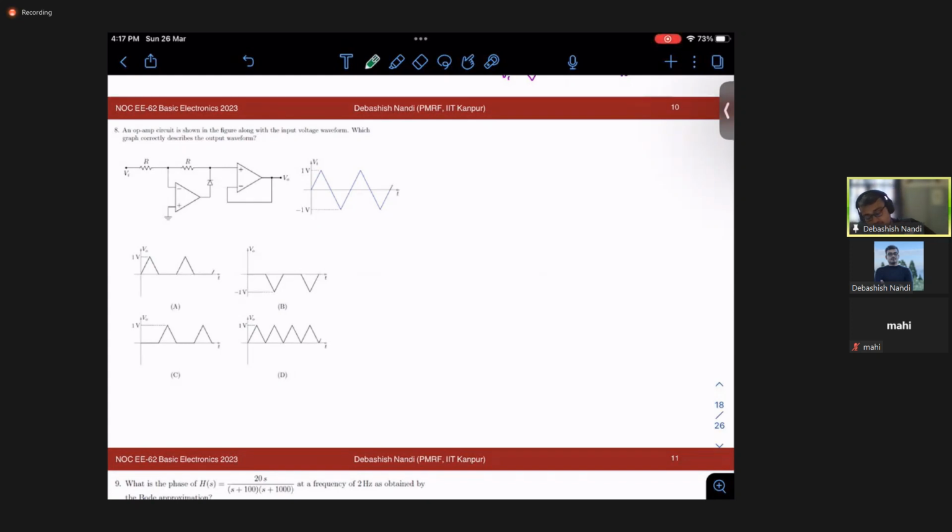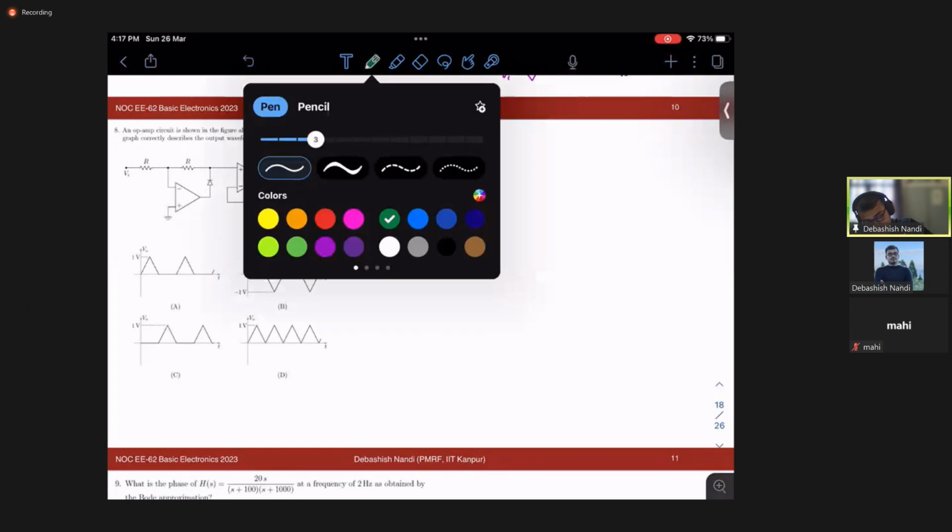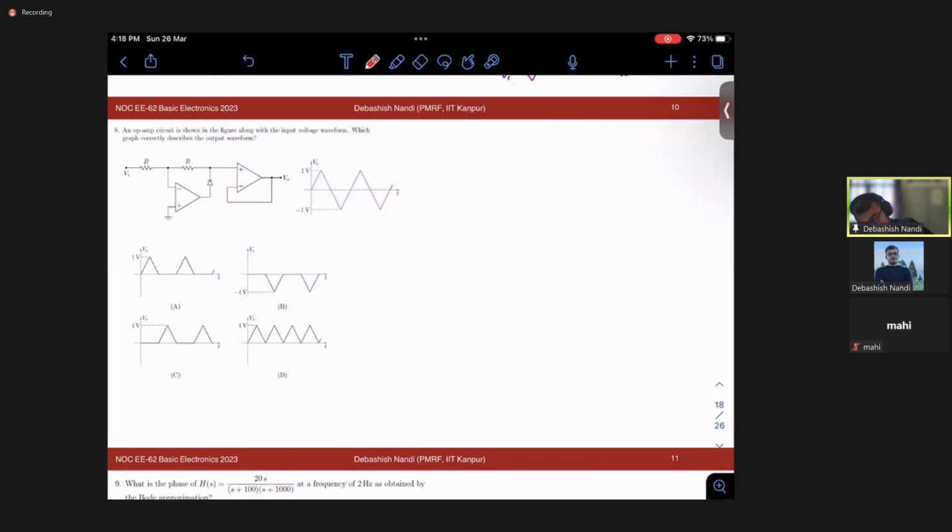So one thing to notice here is that this contraption is nothing but a voltage buffer, right? This we have discussed in the last lecture. That means if you have a contraption like this, this is your, let's say, Vx, this is your V out.